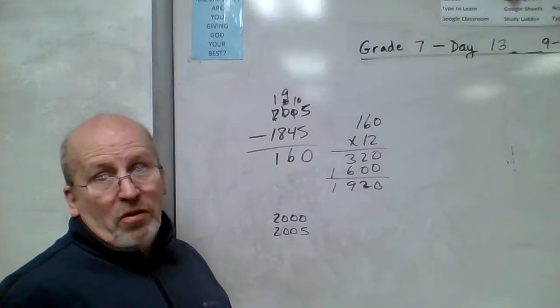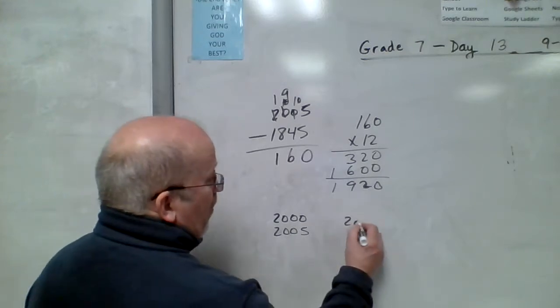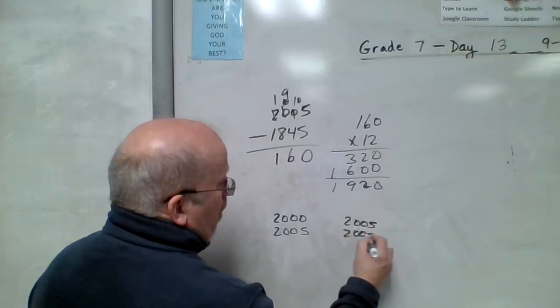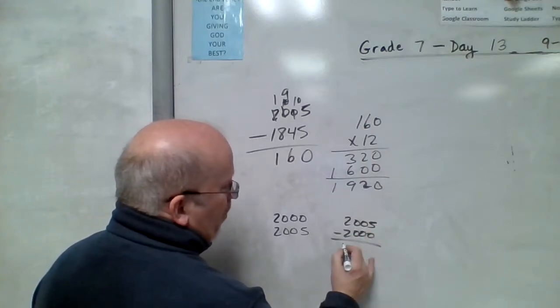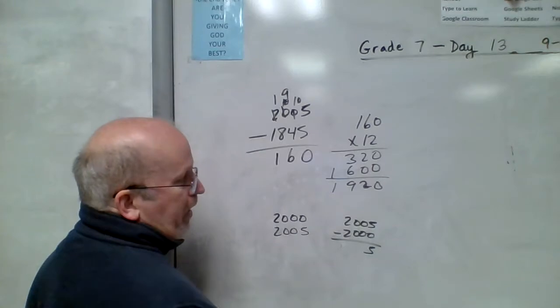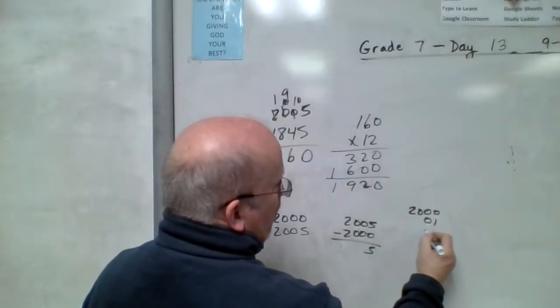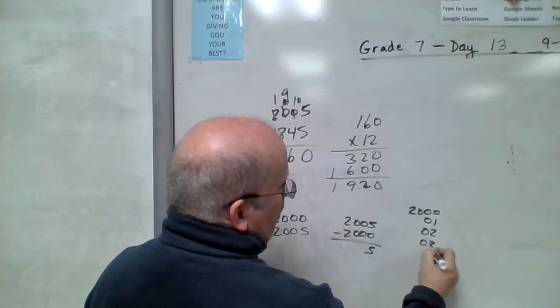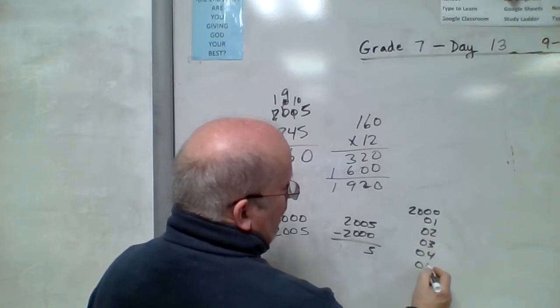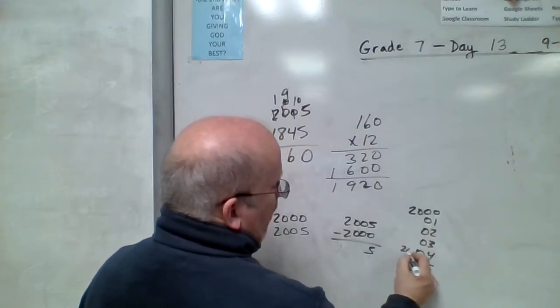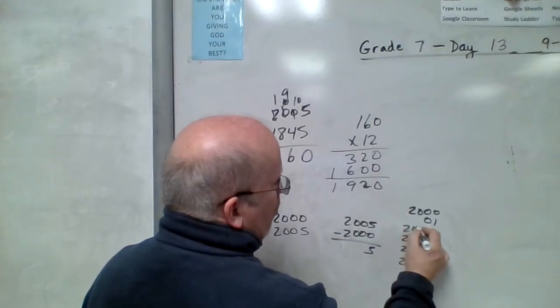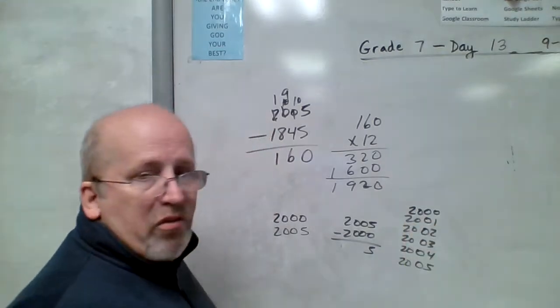Well, at first glance, you might be tempted to say 5 years. But it's not really 5 years. Why not? Well, think about it. They published in this year, this year, this year, this year, this year, and this year. That's not 5 years. That's a total of 6 years.